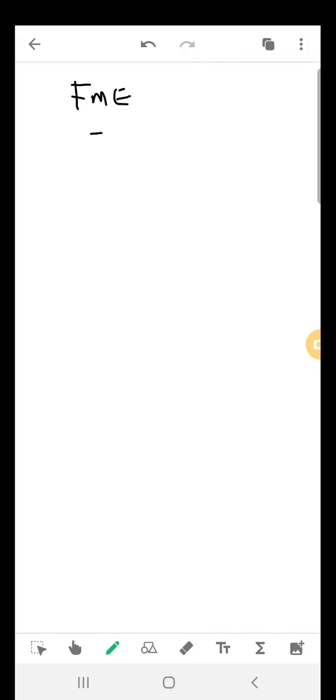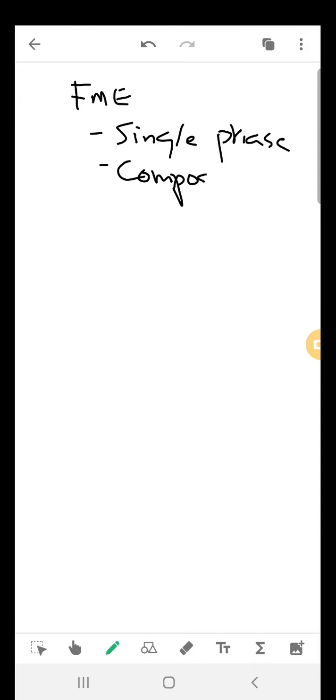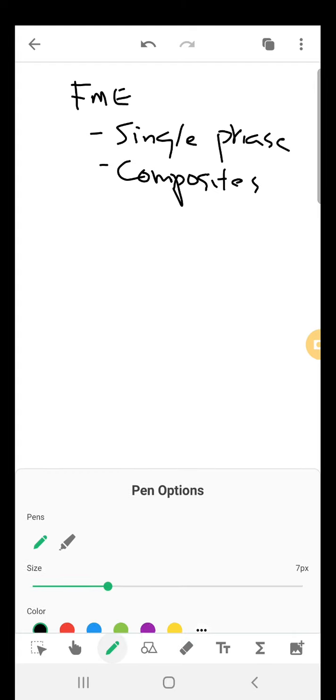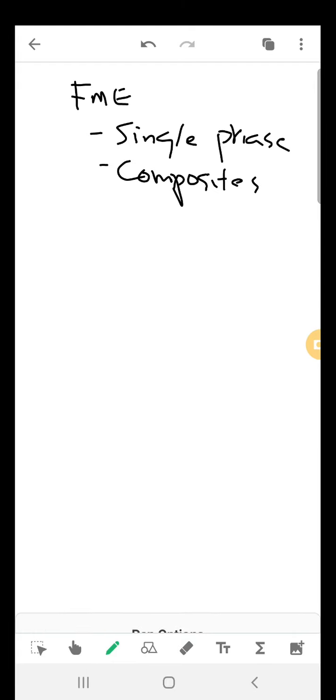They can be classified into single phase or composites. Single phase materials are ordered structures.